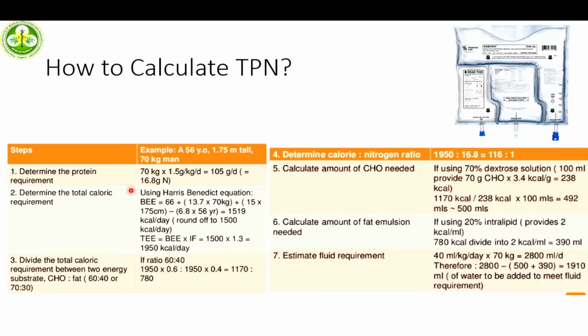We calculate the REE and determine the protein requirement based on body weight, so 1.5 to 2 grams per kg, and divide the substrates between carbohydrate and fat. Now this could be different. Suppose we need to give very calorie dense meals, we could make this 50-50, or 60% from carbs, 40% from fat, but actually we might end up giving more fats. In our ICU, we would end up giving more ghee, that is salt free, not butter. That helps in giving calorie dense meals.